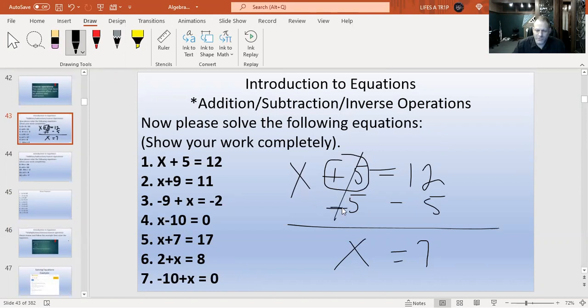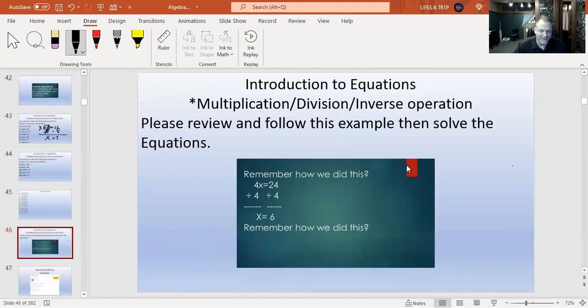So we had to do a -5 in order to cancel it out, and that cancellation method is called the inverse operation. Now we're going to do that for multiplication.